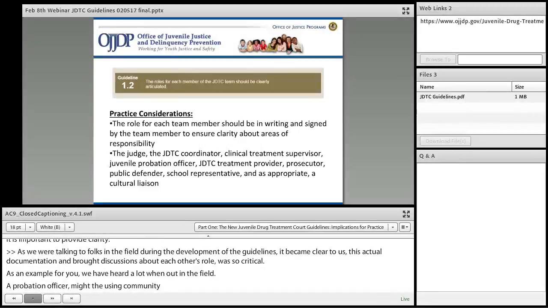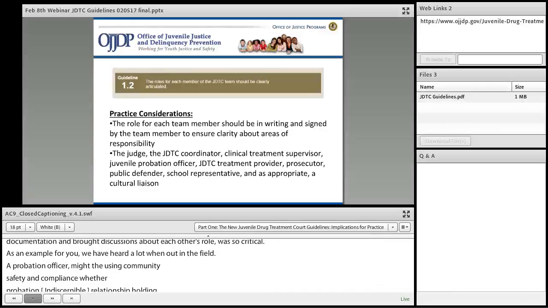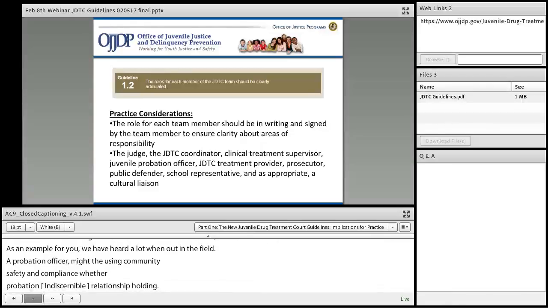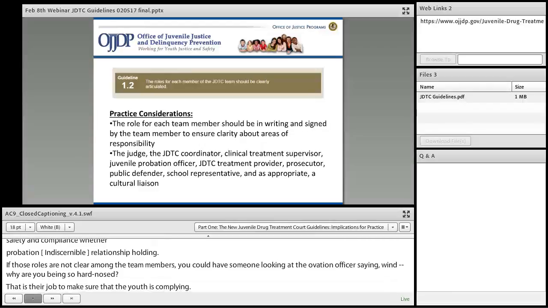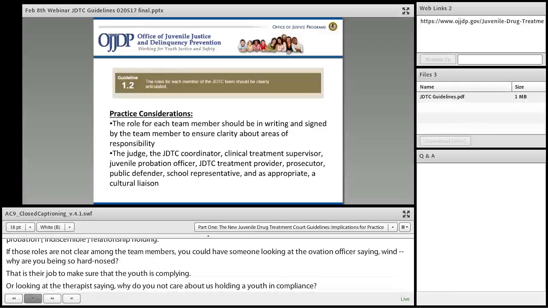So if those roles aren't clear among the team members, you could have someone looking at the probation officer saying, "Why are you being so hard-nosed about this?" Well, that's the probation officer's job, to make sure that the youth is compliant. Or looking at the therapist saying, "Why don't you care about us holding this youth in compliance?" Not that a therapist wouldn't care, but a therapist is more focused on the underlying causes. So really understanding and appreciating each other's role is critically important.